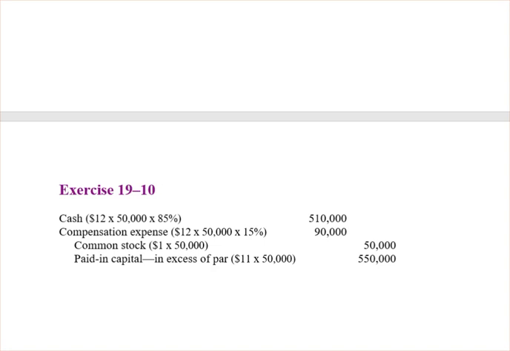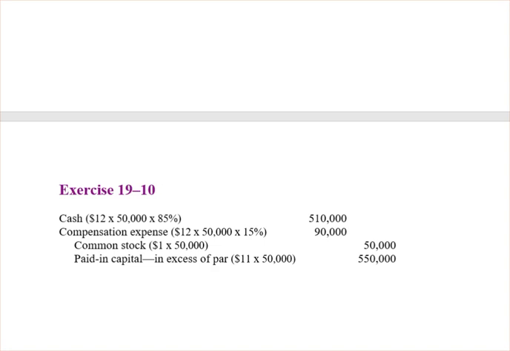Your debit would not be to compensation expense for that $6,000, because if it's under 5%, and this is 1%, you would not do a debit for compensation expense. So now you have a total cash debit of $594,000. You're issuing the same 50,000 shares at $1 par, so your credit to common stock is going to be 50,000. Then you put a plug number in for paid-in capital.